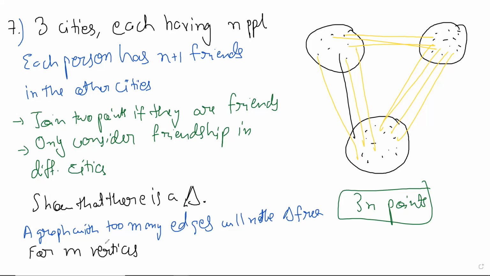And this is what you will get: for m vertices and no triangles, there are at most m square by 4 edges. It is not difficult to prove.